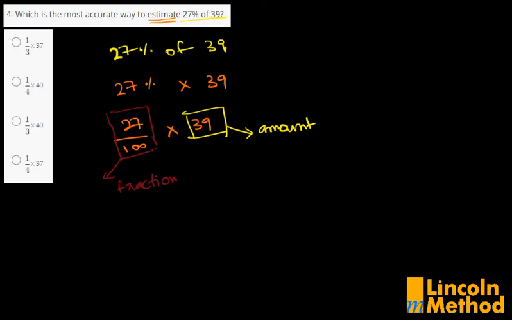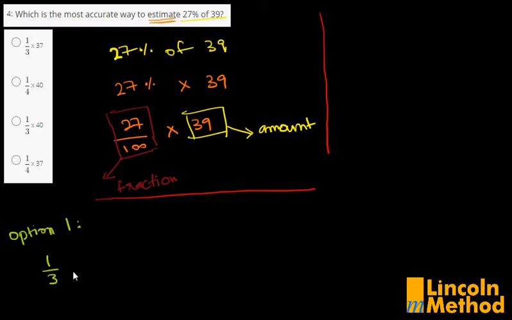how it's done. Now this right here is a very detailed breakdown of the question, and this is hopefully going to help us move in the right direction and get closer to our answer. So we're going to talk about all these options given to us one by one. The first option, option 1, is 1 over 3 multiplied by 37.